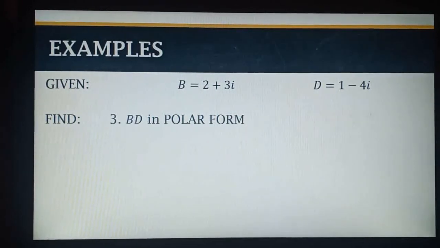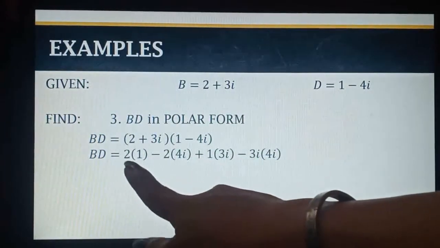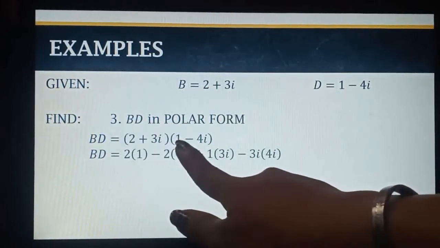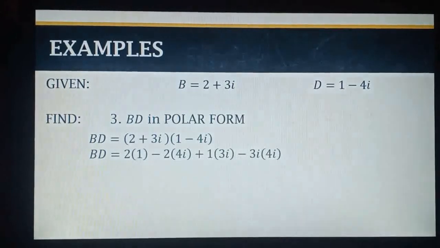So in this case, ang ginawa ko po, minultiply ko muna si B at si D, which is multiplication in rectangular form. So we will now have 2 multiplied to 1, then 2 multiplied to negative 4i, 3i multiplied to 1, then 3i multiplied to negative 4i.